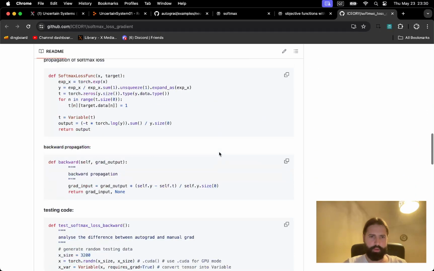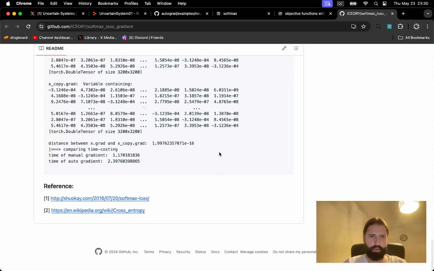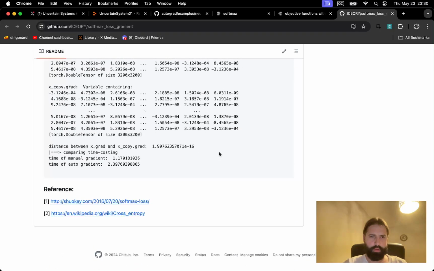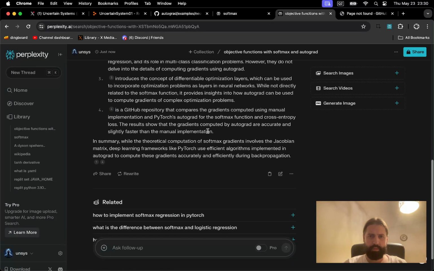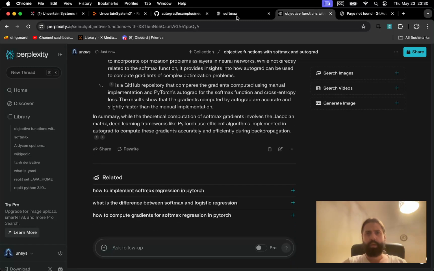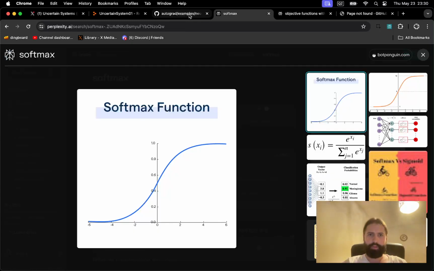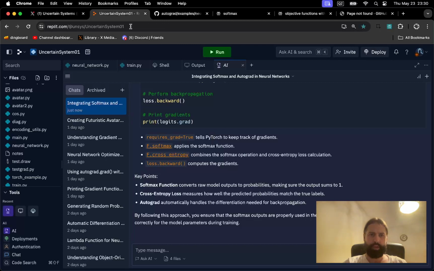Softmax. But what's happening here is the softmax function is essentially messing up my optimization with the derivative.